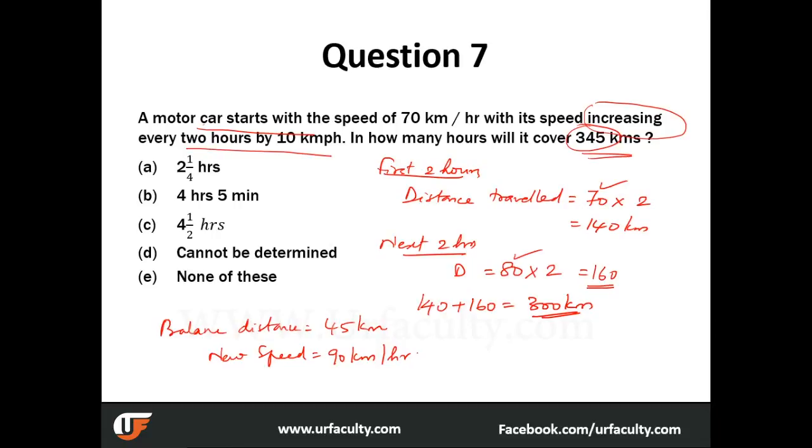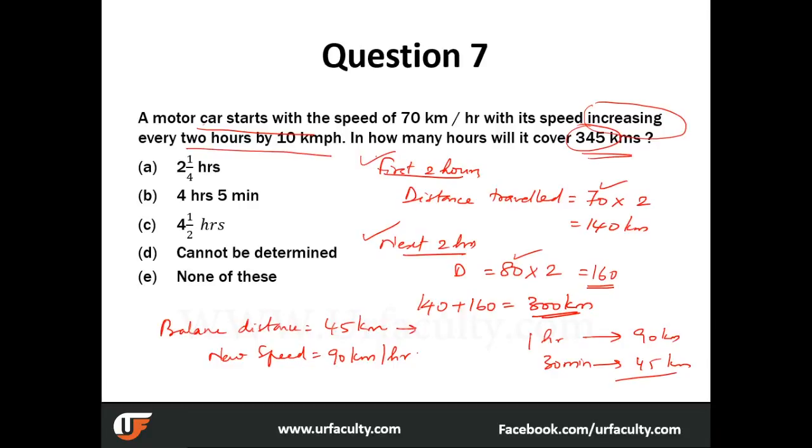So that you already traveled 4 hours, and you need to now travel 45 kilometer at 90 kilometer per hour. So what would it be? It's very simple, right? If at 90 kilometer per hour, in 1 hour you travel 90 kilometers. In 30 minutes, you travel 45 kilometers, right?